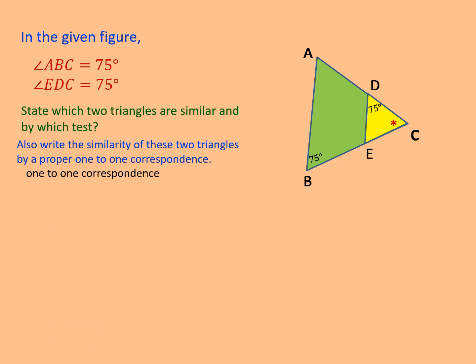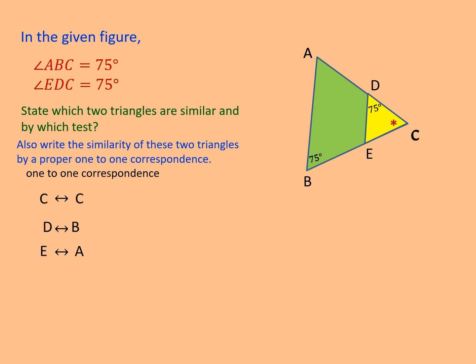So, one-to-one correspondence: vertex C corresponds to vertex C, vertex D corresponds to vertex B. As you see, both of them are 75 degrees, so they correspond to each other, and C is the common angle, so they correspond to each other. Therefore, the remaining two vertices will correspond to each other.